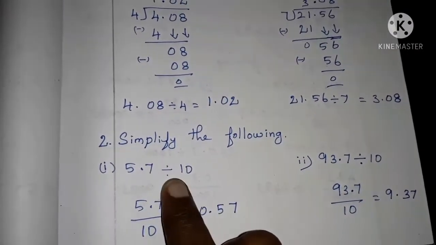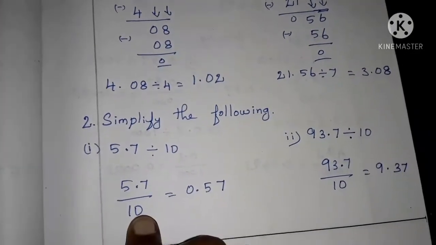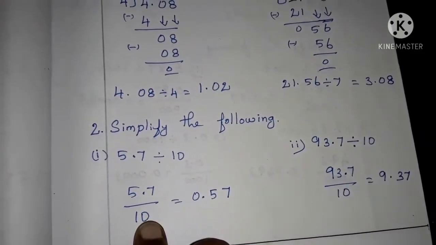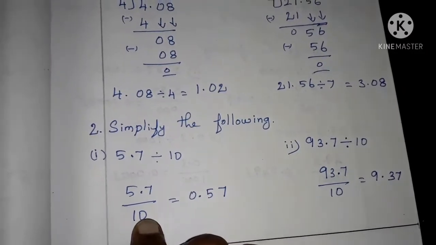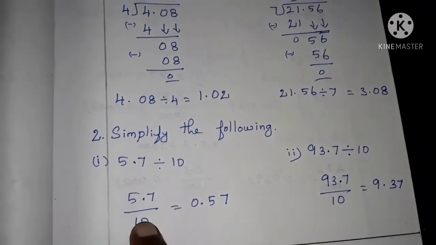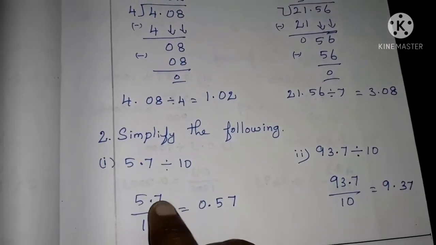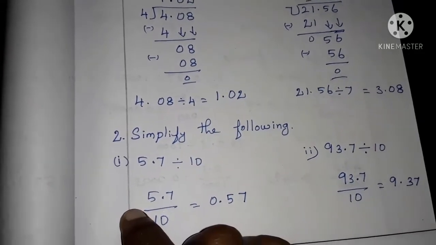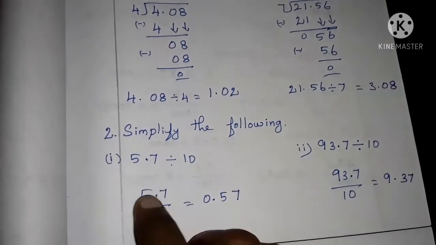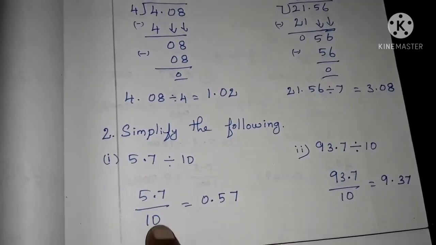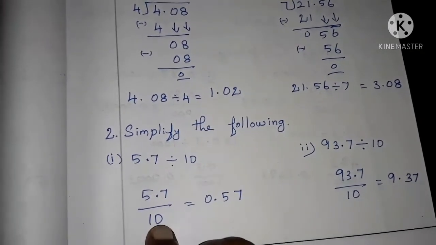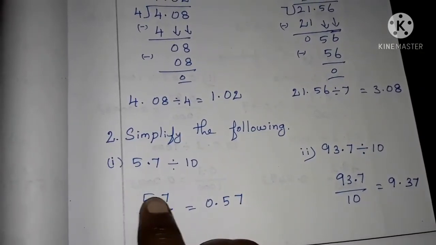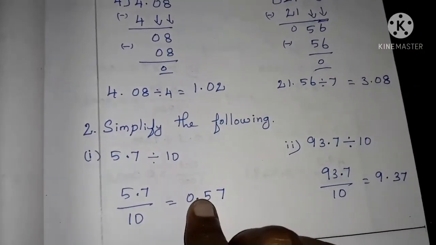But when we divide by 10, 100, thousands, the decimal point will move to the left side of the number. So here see, we divide by 10. So how many 0s are there?